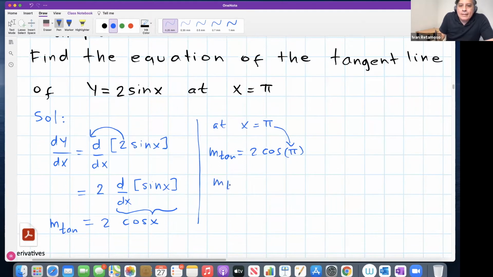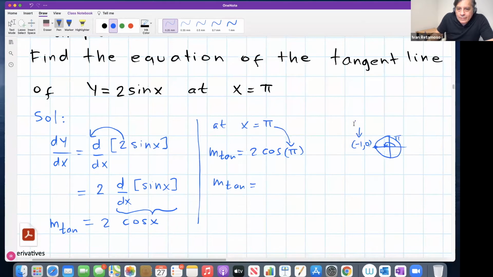Now, let's get this in our calculator. What is 2 times cosine of pi? Cosine of pi, if you remember from calculus, in the unit circle, pi is here. So this has coordinates -1, and remember, in the unit circle, the first coordinate is cosine.